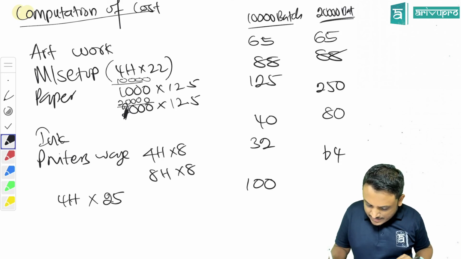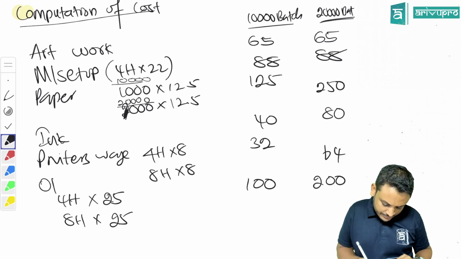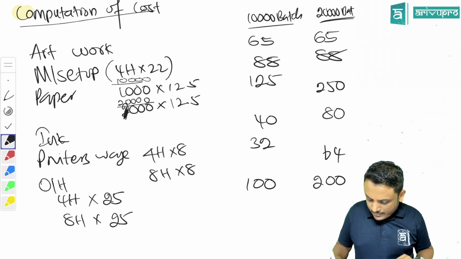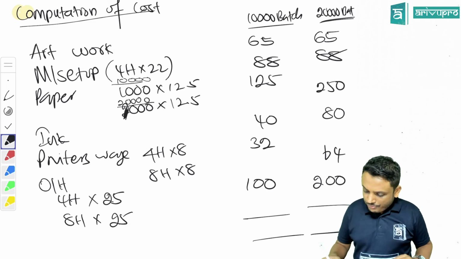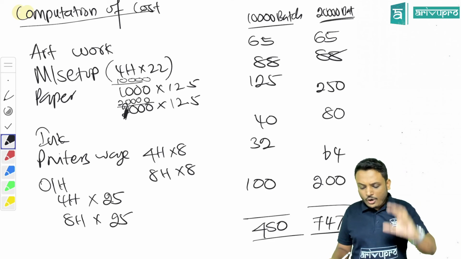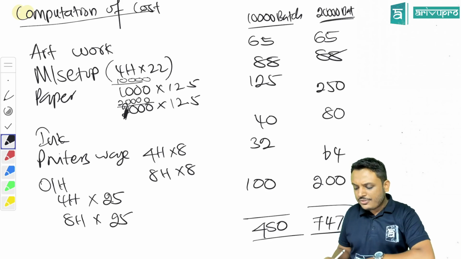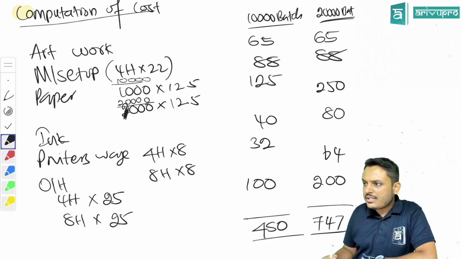And here it is 200. Why? 8 hours into 25 overhead. Now get the total cost. 450 and very good. So the cost of 10,000 batch is 450. The cost of 20,000 batch is 747.